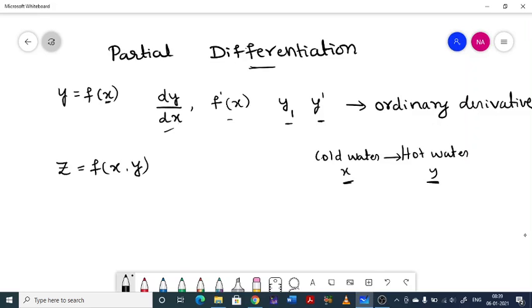Okay. Suppose you want to prepare coffee. Then it has three ingredients: cold water, then sugar, then coffee powder.